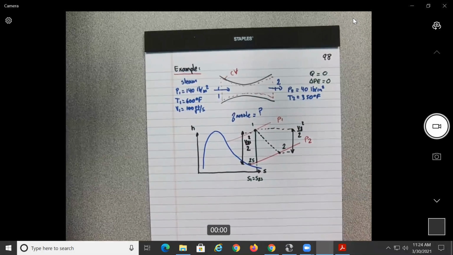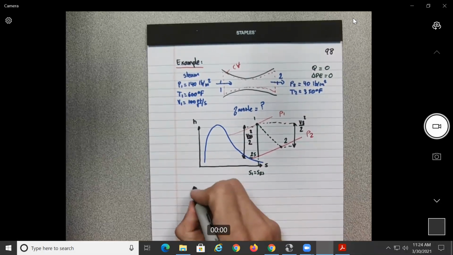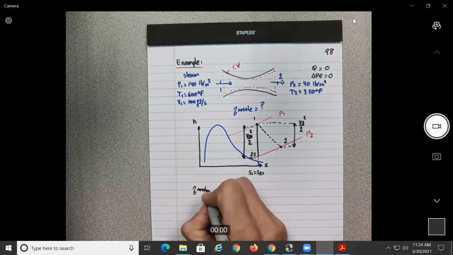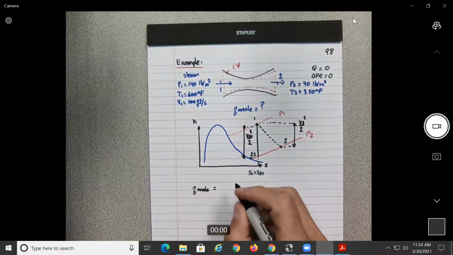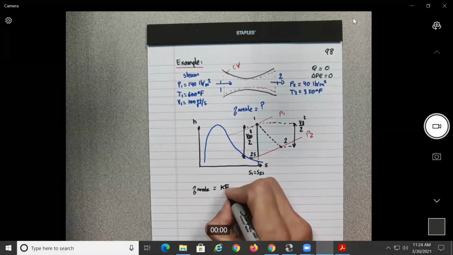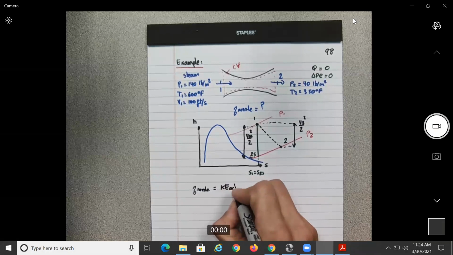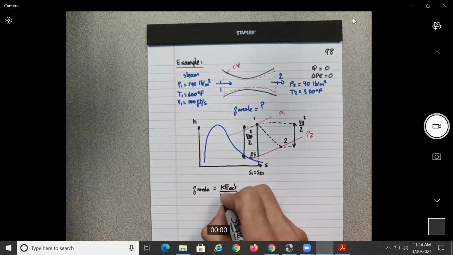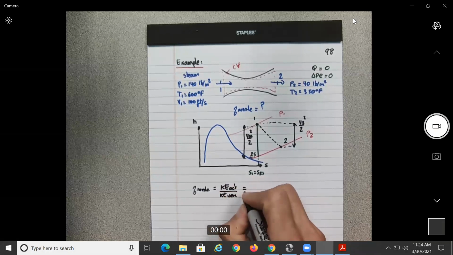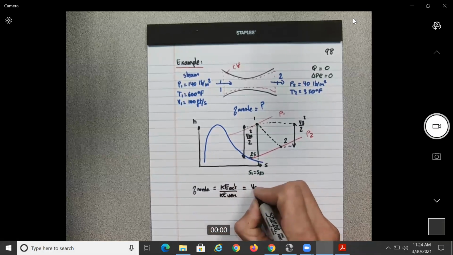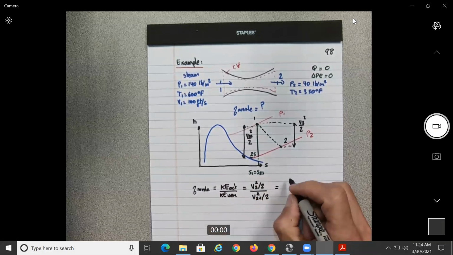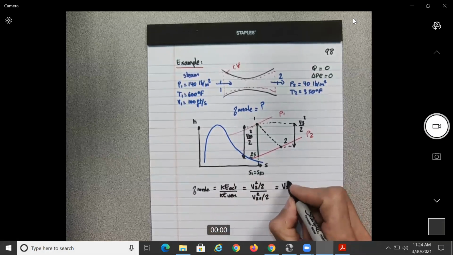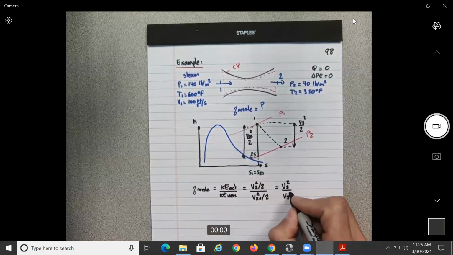So it was defined that the efficiency of the nozzle was equal to the actual kinetic energy divided by the isentropic kinetic energy, which is the ideal case. So that means we had V2 squared over 2 divided by V2s squared over 2. Or sometimes you can rewrite this as V2 squared divided by V2s squared.